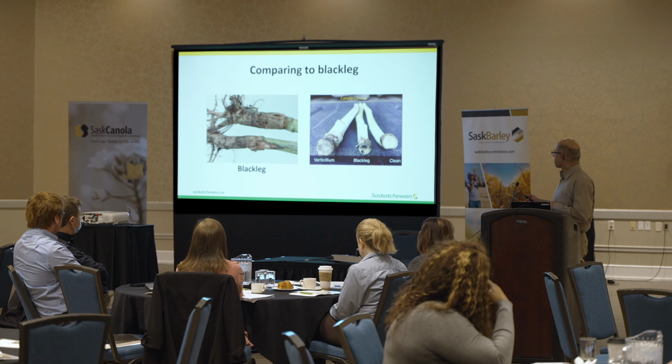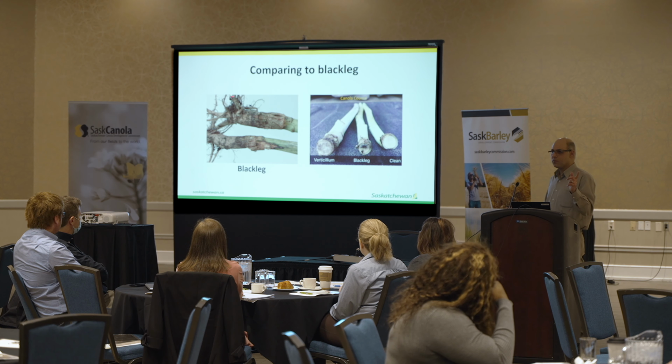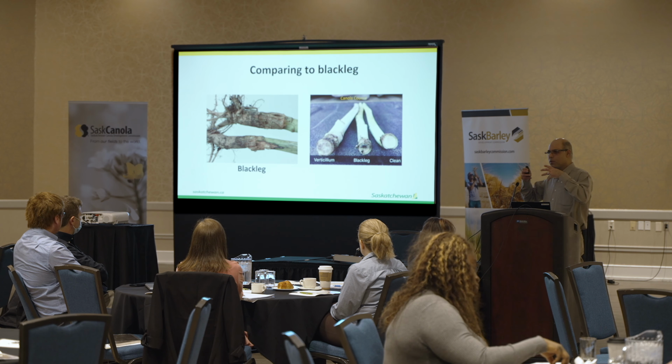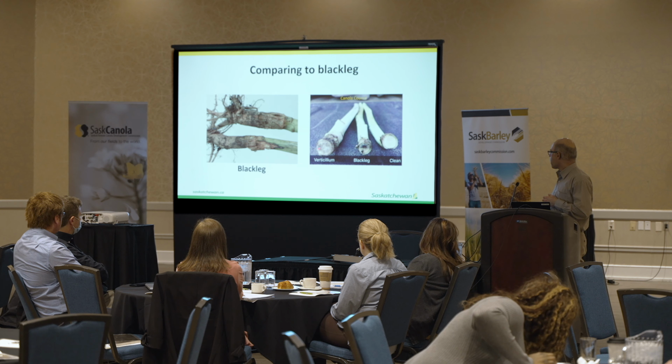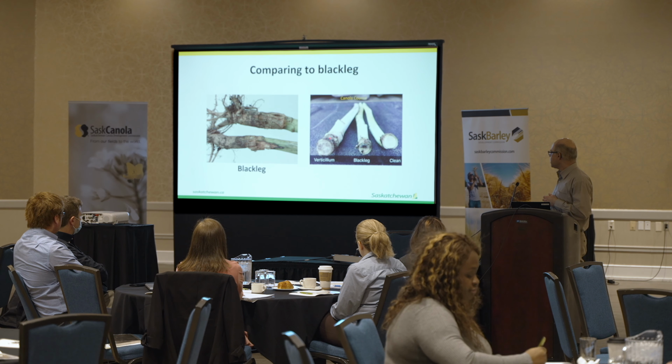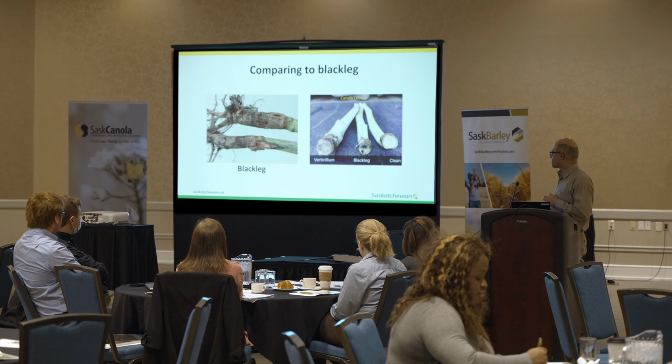Comparing verticillium versus blackleg on the cross-section, verticillium usually is just grayish and peppered throughout the cross-section of the stem, so it's mild, and there is no lesion with pycnidia associated with verticillium.